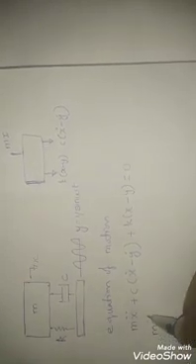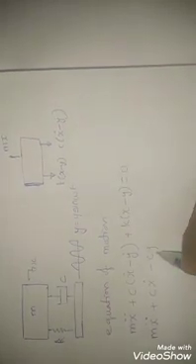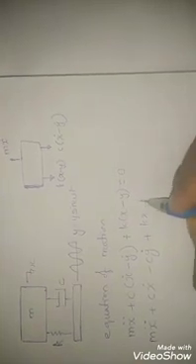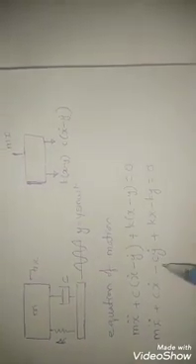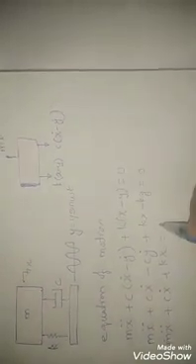Now if we expand this equation: m x double dot plus c x dot minus c y dot plus k x minus k y equal to 0. Now I will shift these two negative terms to the RHS, and the equation I get is c y dot plus k y.